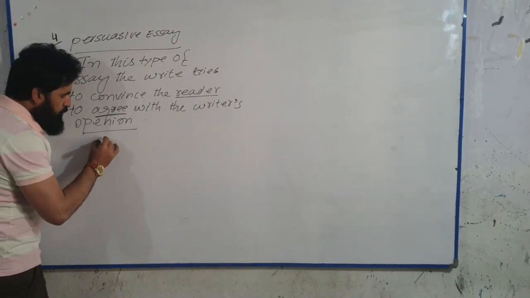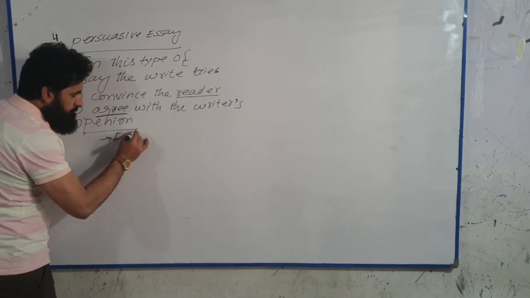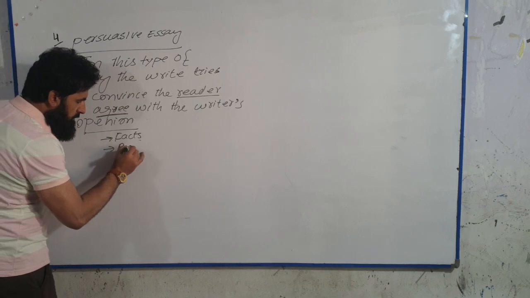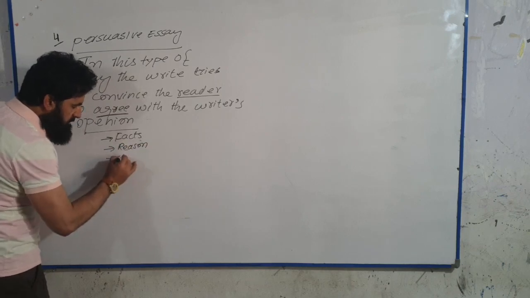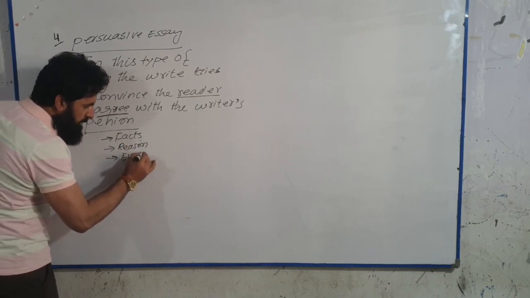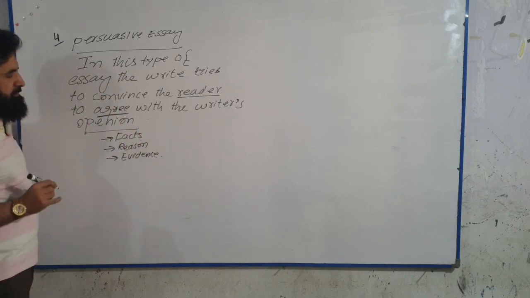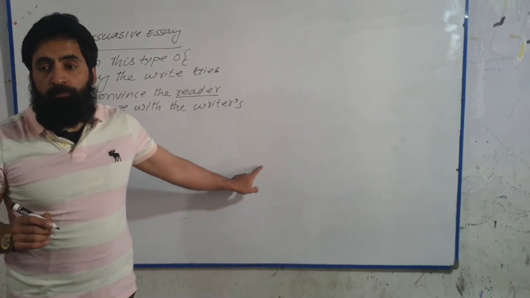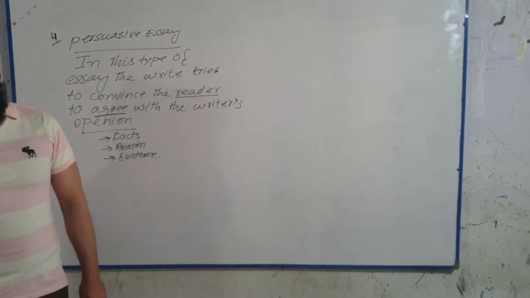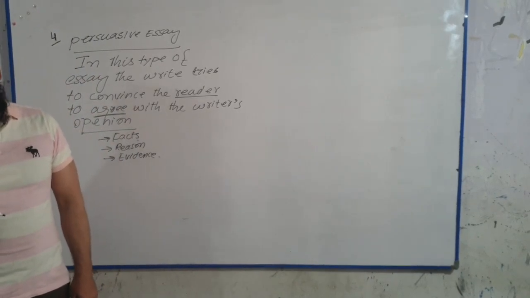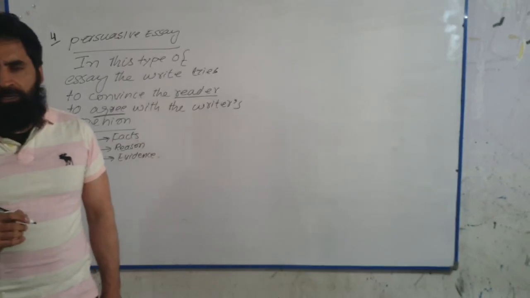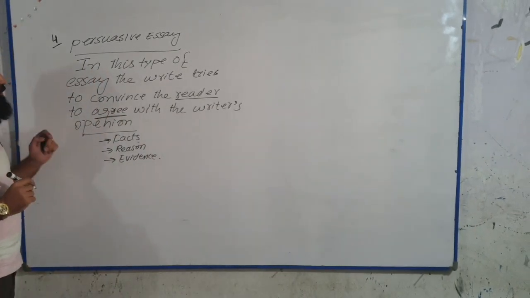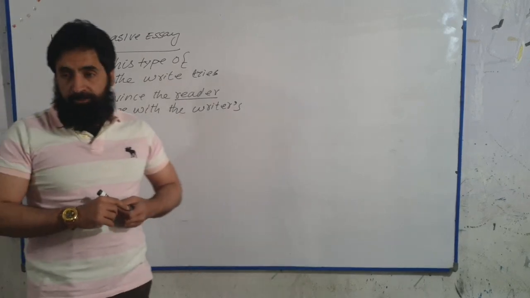He will provide facts, reasons, evidence. In this way, the writer convinces the reader. समझते हो कि नहीं? इस तरह लिखा जाता है आपका persuasive essay. आती है बात समझ?